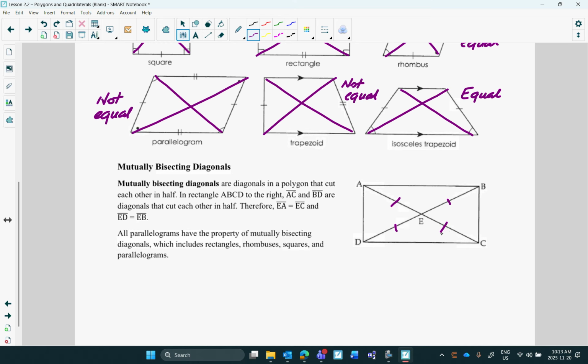That means they're mutually bisecting. To bisect means to split into two equal parts. And notice here, it includes not just rectangles, but rhombuses, squares, and parallelograms. Their diagonals all split each other into equal parts.